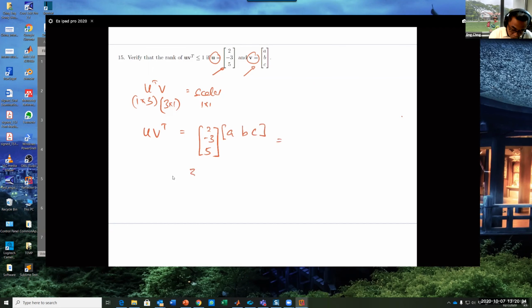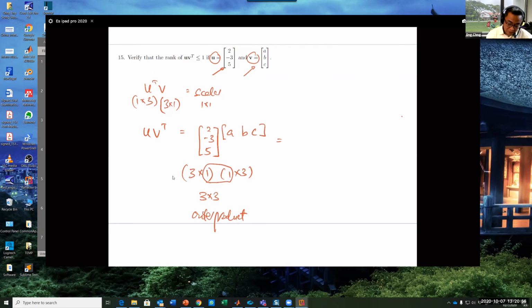So this is 3 by 1, and this is 1 by 3. Interestingly, we can still perform this because the dimensions agree. So we'll get a 3 by 3 matrix. This is called the outer product. We are taking the outer product of two column vectors.